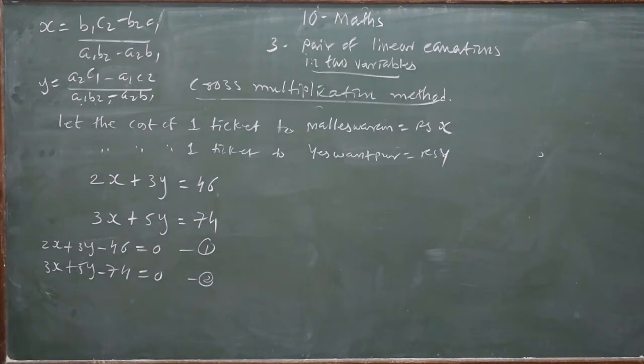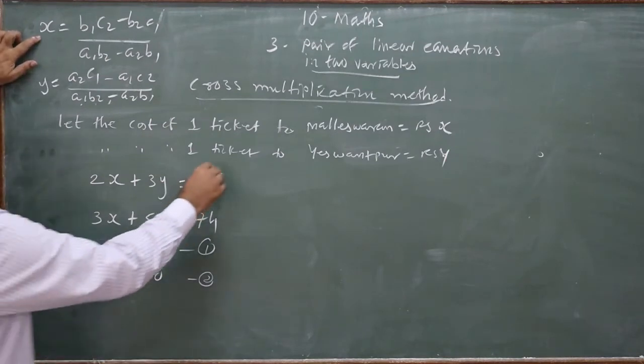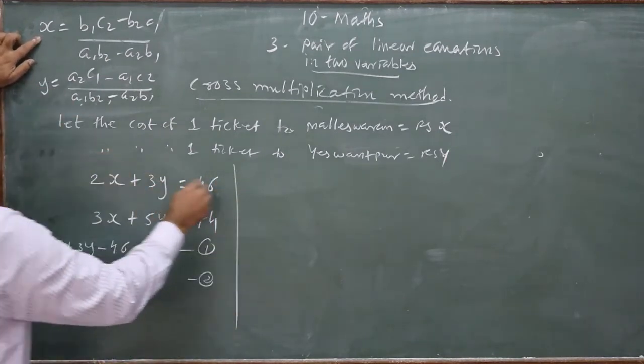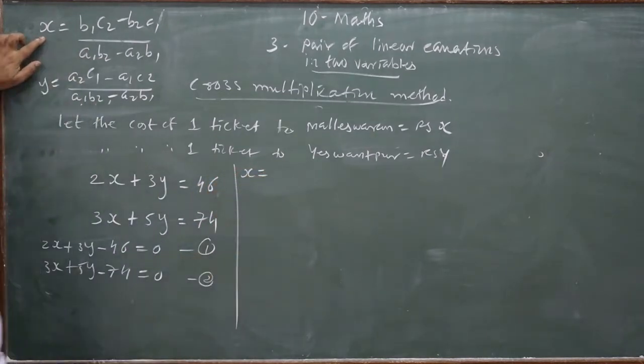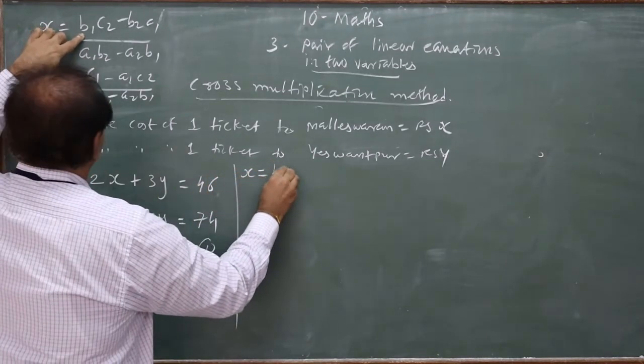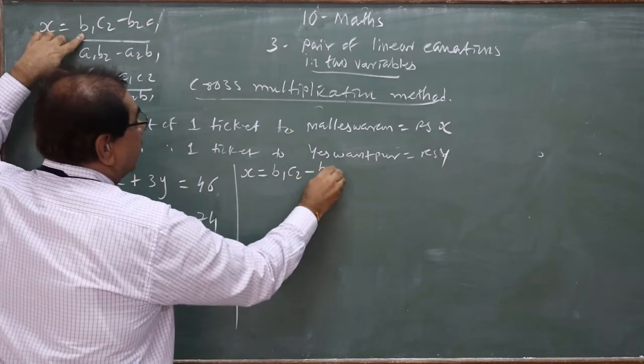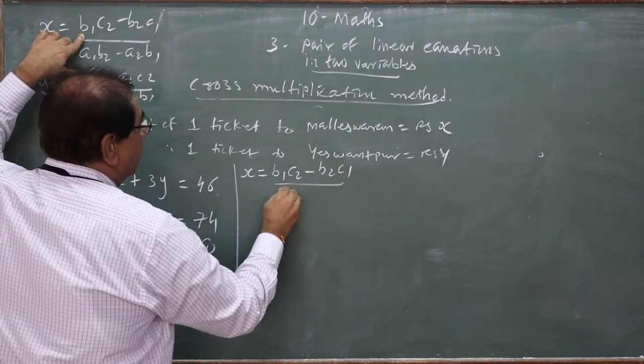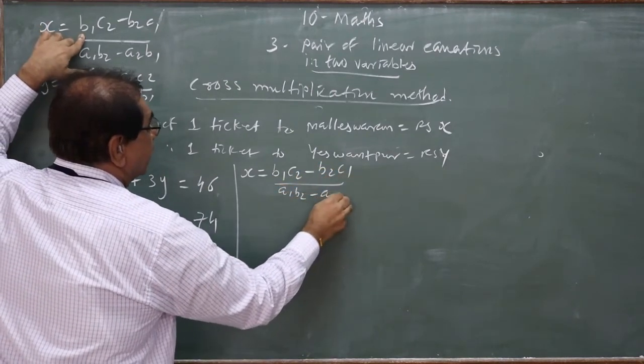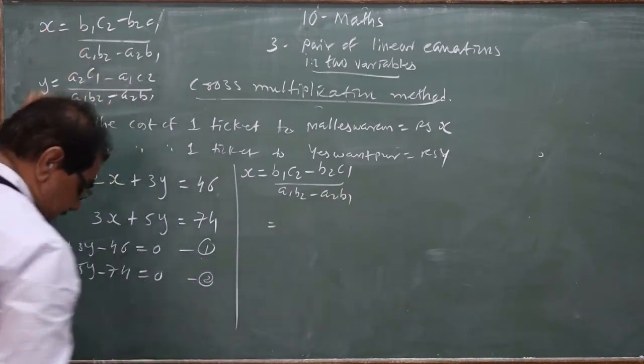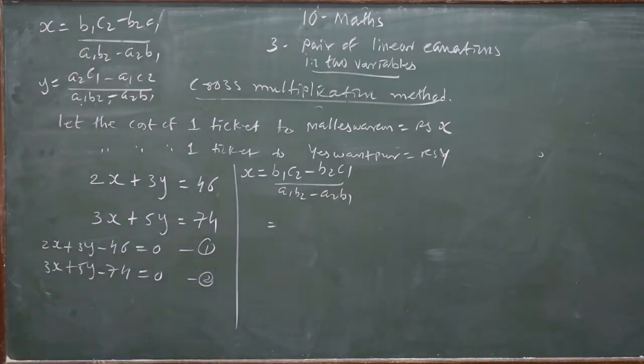So we go for cross multiplication method. X is equal to, I write the equation, b1 c2 minus b2 c1 upon a1 b2 minus a2 b1. Okay, so now go for the value of this.